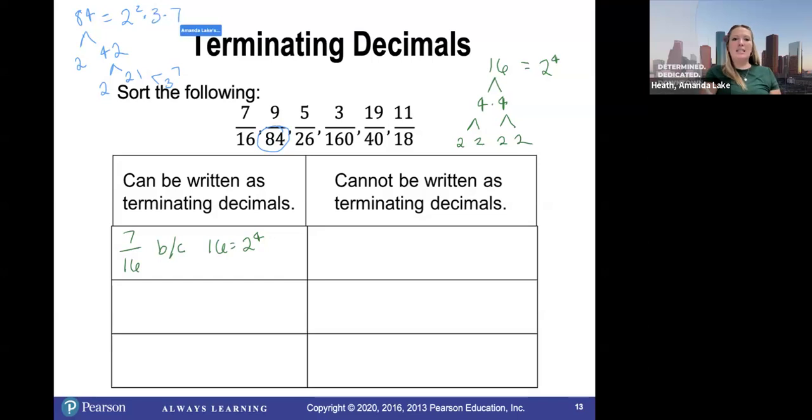This has factors that are not 2 and 5. It has 3 and 7 also as factors. So this is going to go in the no category, because 84 is 2 squared times 3 times 7.